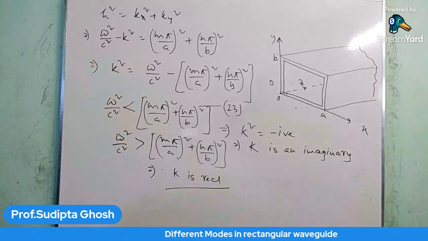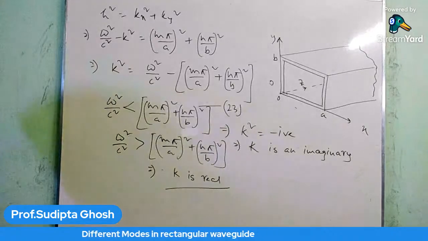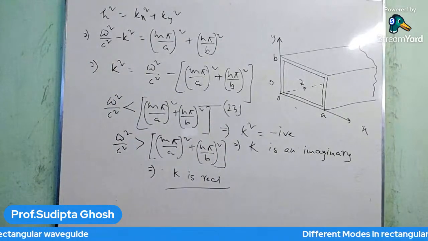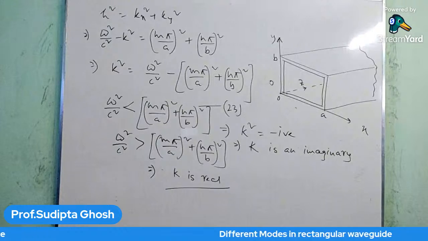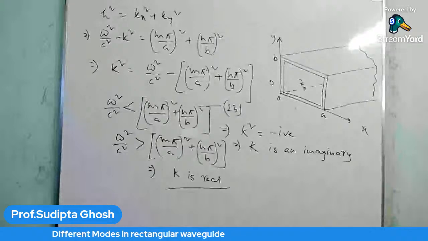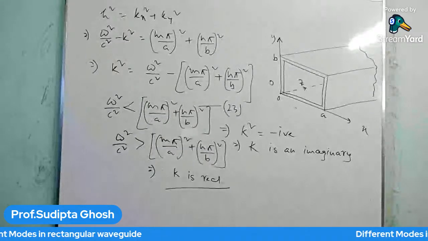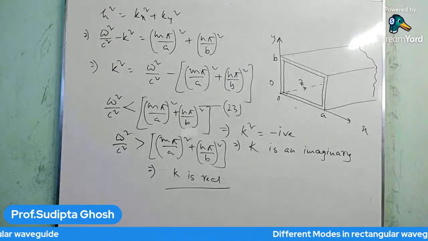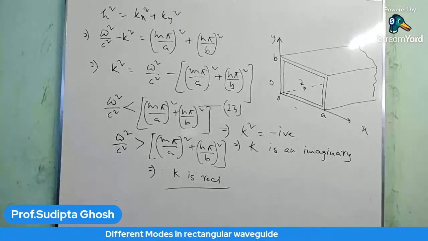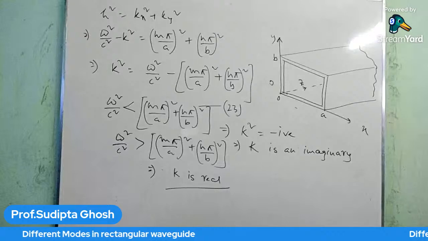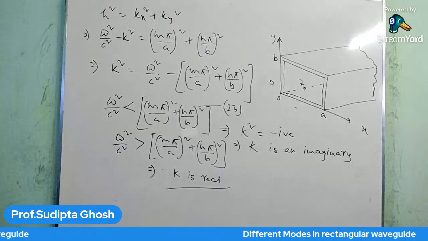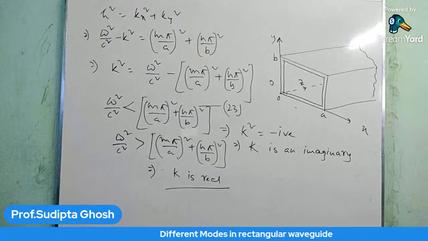Now after considering these two cases, you can conclude that there must be a certain value of omega, which we call the cutoff frequency omega c, and below this cutoff frequency, no wave can propagate through the waveguide.